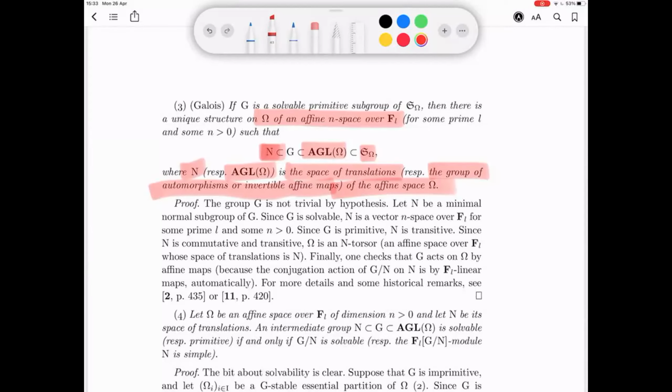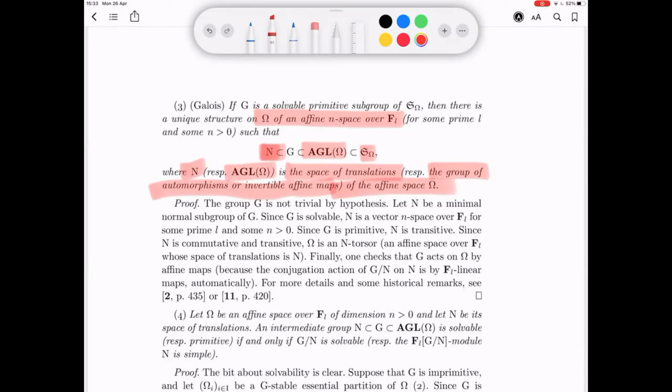And for the second subgroup, you have to choose an element of omega. Once I choose an element of omega, I can identify omega with the vector space under which it's an affine space. Okay, so remember I'd explained what a principal homogeneous space is. It's a G set, etc., right?